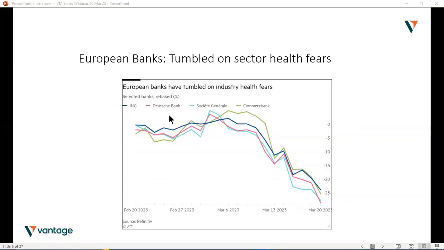So the big European lenders, ING, Deutsche, SocGen, and Commerzbank, and you can just see their falls from a couple of weeks ago, the 6th of March, then a slight pullback on the 13th, last Monday, before falling again. All rebased, as you can see, but percentage drops. So big percentage drops in these big lenders following on from events with Credit Suisse.